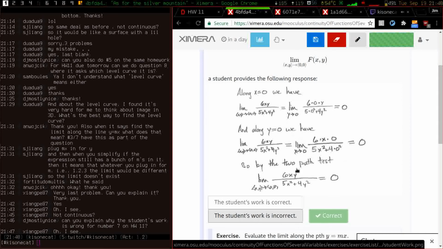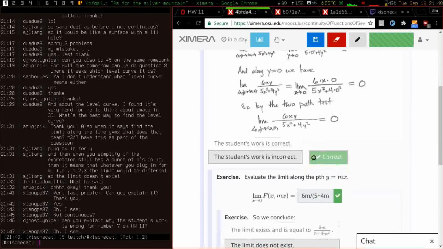But there really isn't such a thing as a two-path test that would tell you that a limit exists. There's only really a two-path test that can fail when you get two different limits along two different paths, and in that case, the limit would not exist. But just checking two paths isn't enough to conclude that this limit exists.